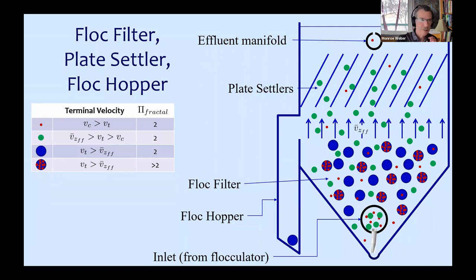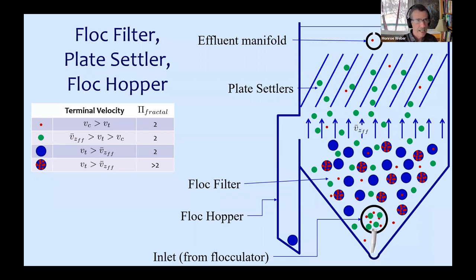So there's not this concentration of blue and blue-red flocks in the bottom of a sed tank. The blue and blue-red flocks that I have here are because of our design that keeps them in suspension. But in a conventional sedimentation tank, those don't exist. They're all just in the sludge in the bottom of the sedimentation tank. So the question then is, how do the green guys that land on the plate settlers, how do they get to the bottom?